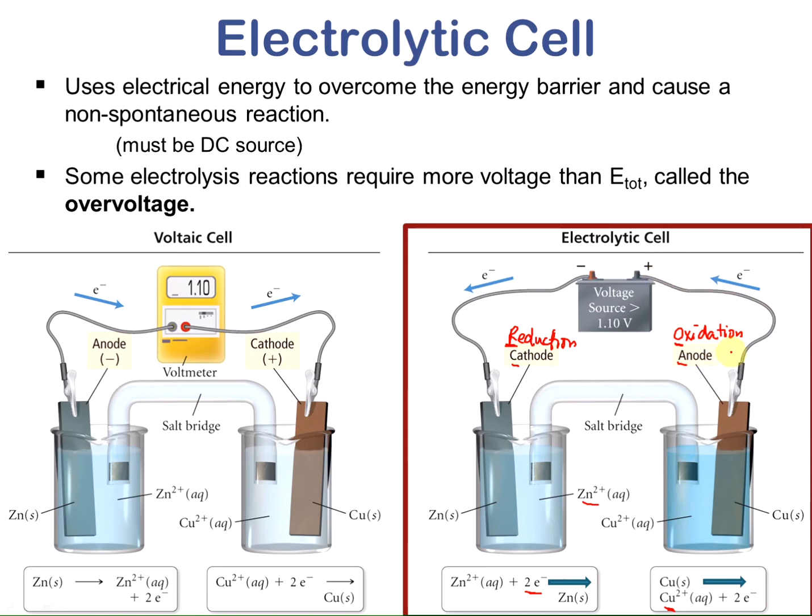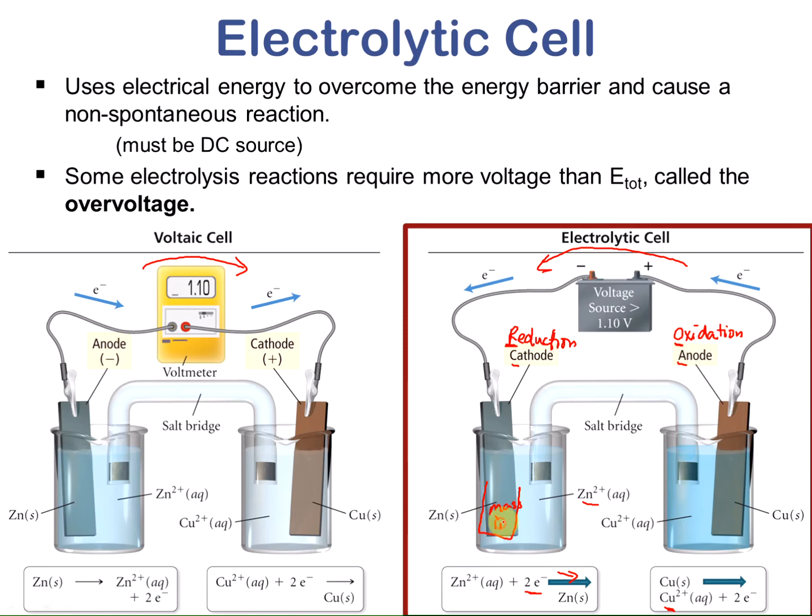So we're flowing in the opposite direction than what we saw in the voltaic cell, where in the voltaic cell we went from here to here. Electrolytic cell, the electrons flow from here to here. So as the reduction occurs over here at the cathode, the zinc metal piece here, since we're going in this direction to make zinc metal, the mass of this electrode is going to increase.